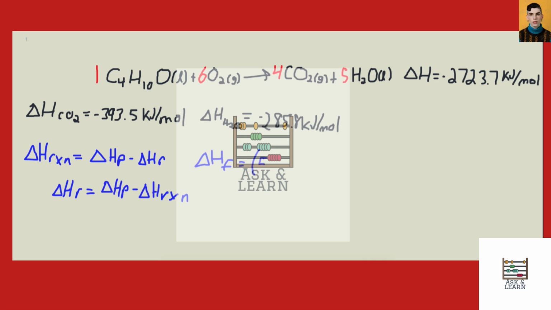So we've got 5 times negative 285.8 plus 4 times negative 393.5, minus negative 2723.7. So now we're going to put everything into our calculator.